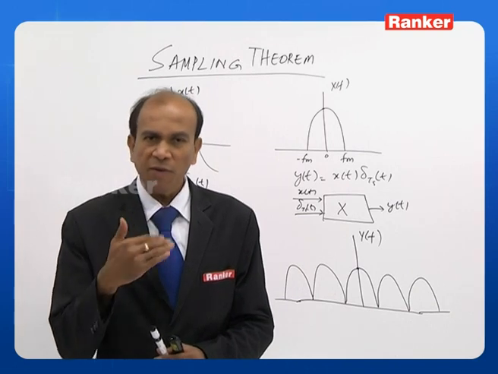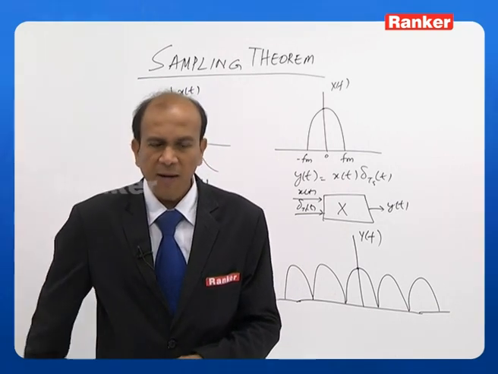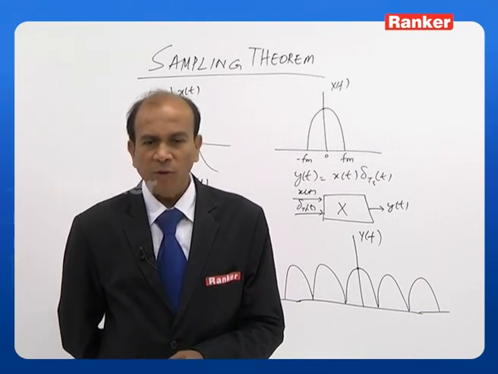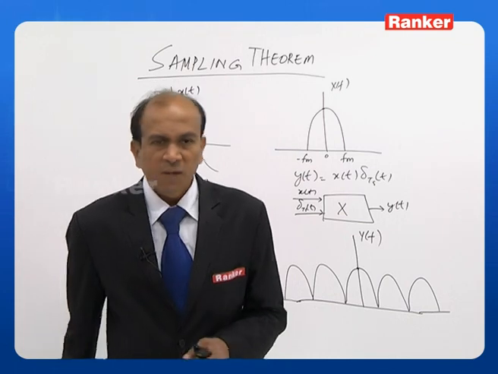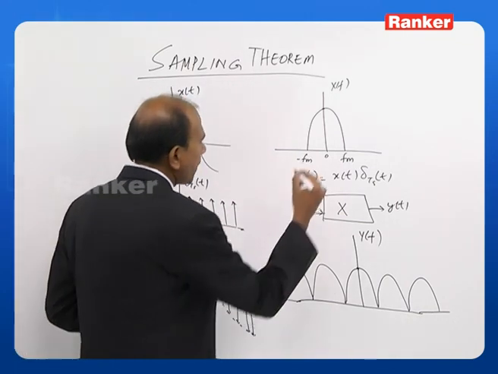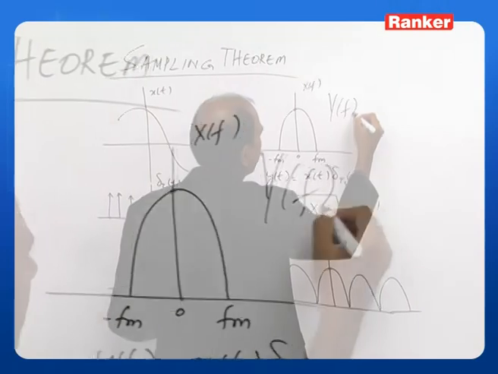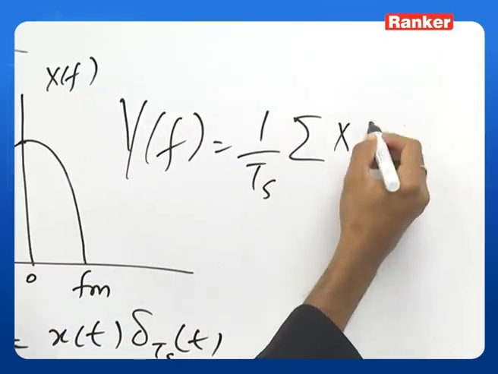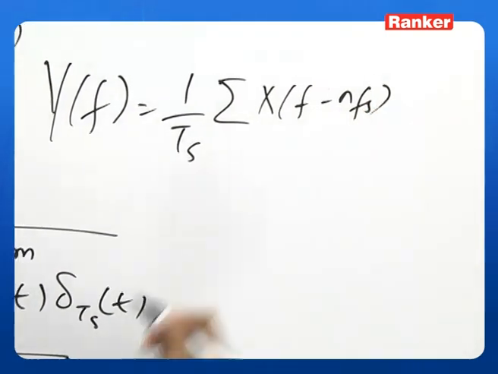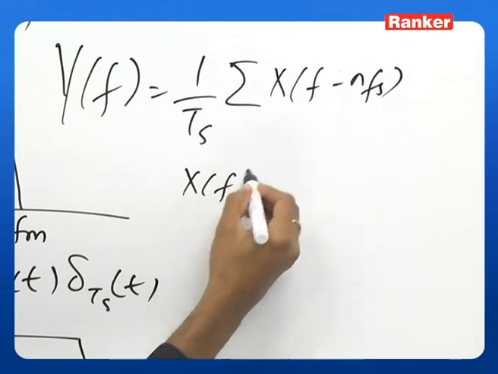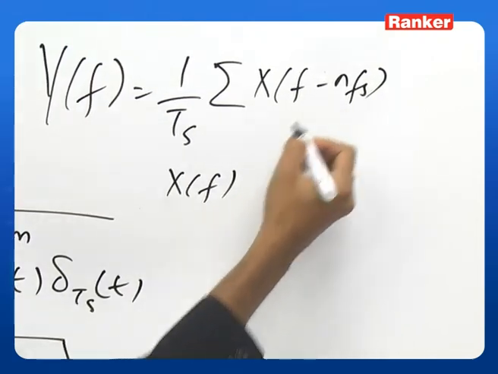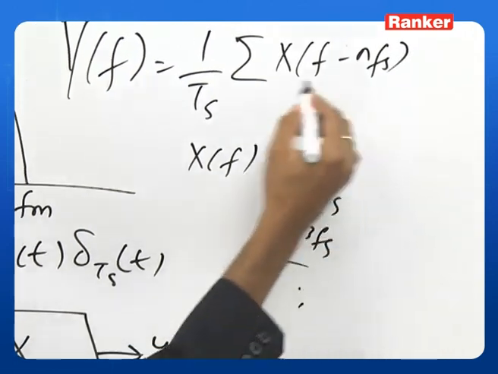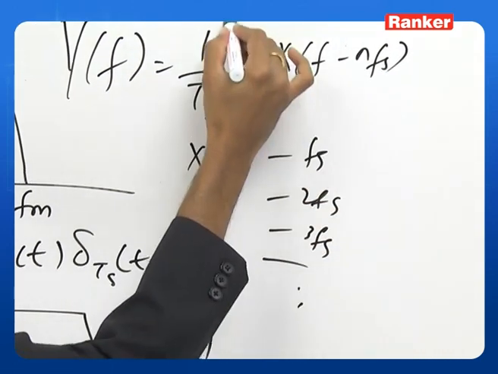So, what is the equation for y of f? If you see here, y of f is nothing but 1 by Ts summation from minus to plus infinity x of f minus n fs. So, what does it mean? That means, one function is existing at x of f, then the other one will be existing at fs, then 2fs, then 3fs, like this, because n is varying from minus infinity to plus infinity.